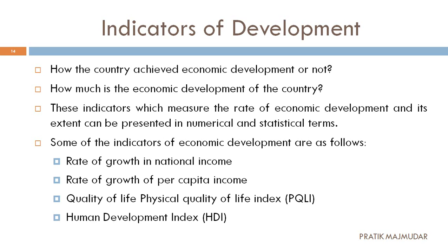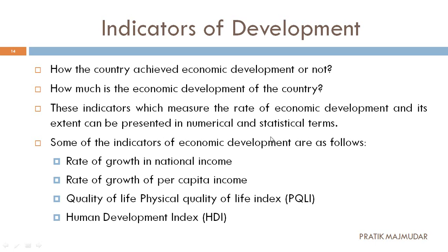Now, what are the indicators of development? When we are discussing the indicators of any country, we have to keep two questions in mind. First, whether the country has achieved economic development or not. If yes, then by which method have we analyzed it, and how much is the economic development of the country?